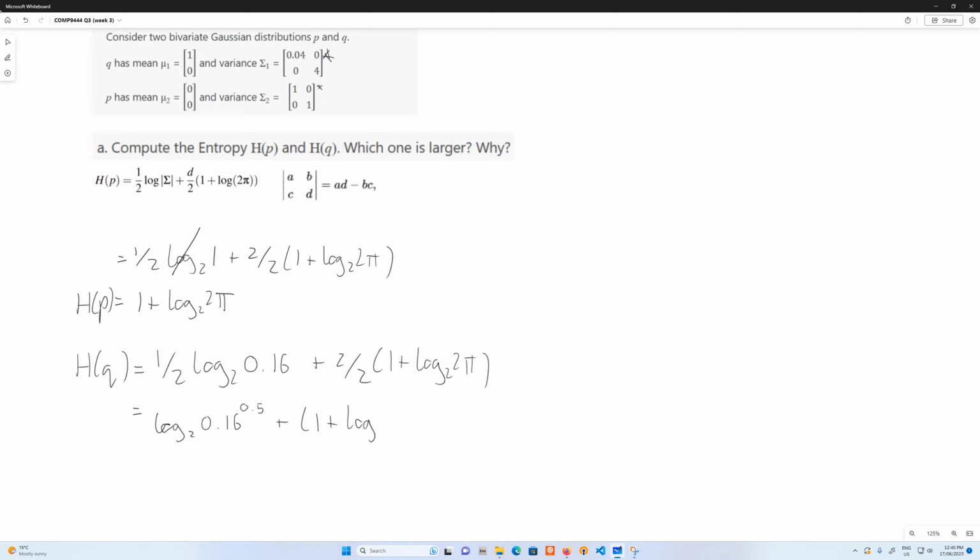And we'll put the final log term in. Now, log 0.16 to the power of 0.5. Let's get rid of that power. I'm just going to get my calculator. This is basically the square root of 0.16, and that turns out to be 0.4. So down here we can change this to log 0.4.